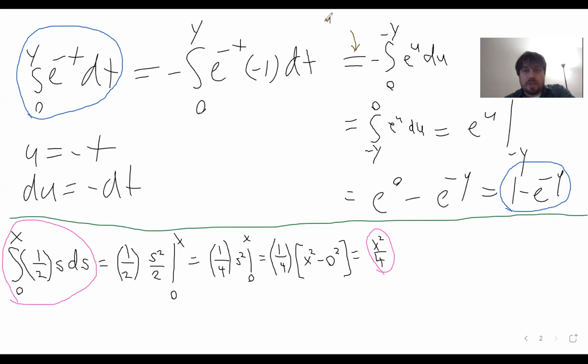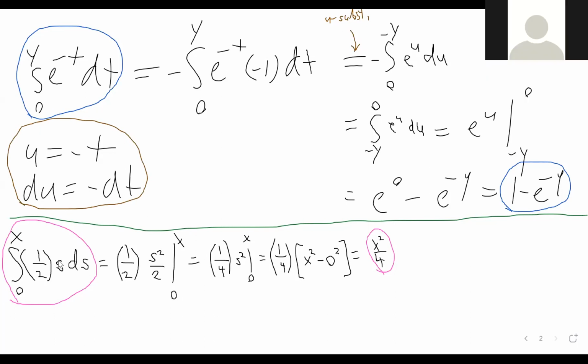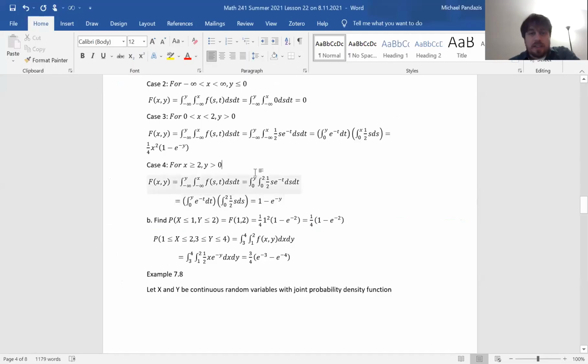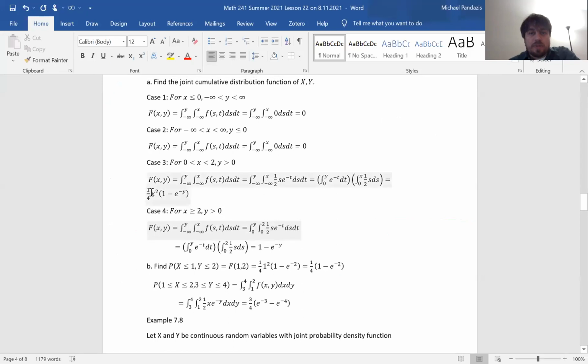That was the substitution for this equal sign, and I justified it using this u. Okay, good. So that answers your question. So that's how you get 1/4 x squared times 1 minus e to the negative y here, this times this on the other screen.